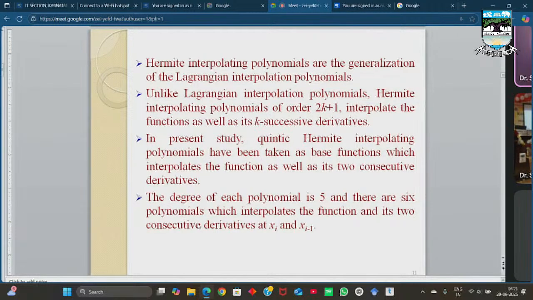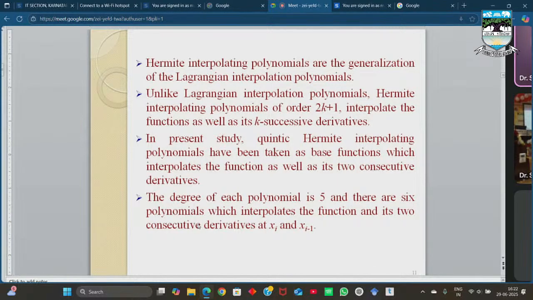Now, Hermite interpolating polynomials are the generalization of the Lagrangian interpolating polynomials, but unlike Lagrangian interpolating polynomials, these polynomials are of order 2k plus 1 and interpolate the function as well as k successive derivatives. Therefore, for cubic Hermite splines, k is 1, and for quintic Hermite splines, k is equal to 2, and so on. In this lecture I will discuss quintic Hermite splines.